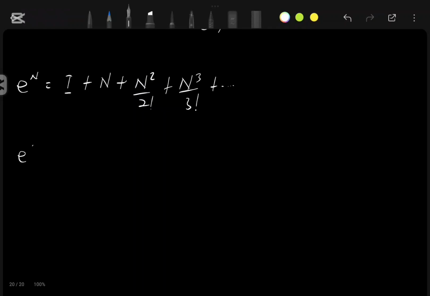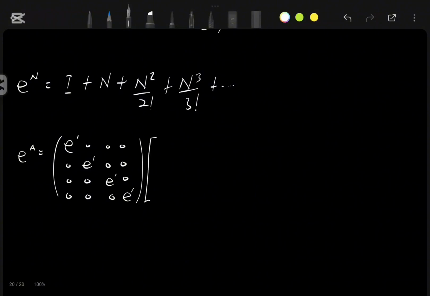So e to the power A is given by e to the power 1 on the diagonal, with zeros elsewhere.